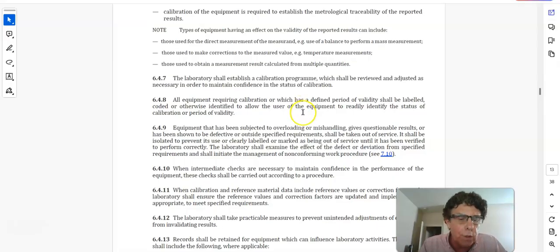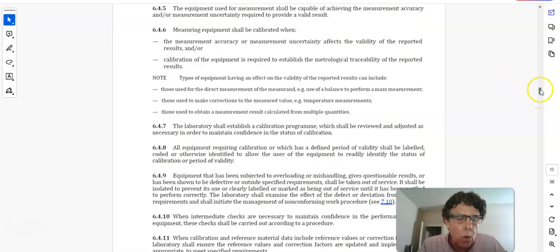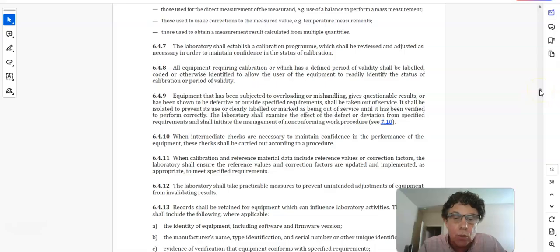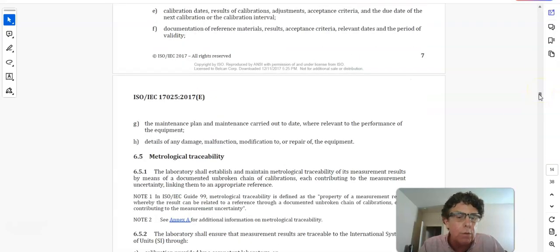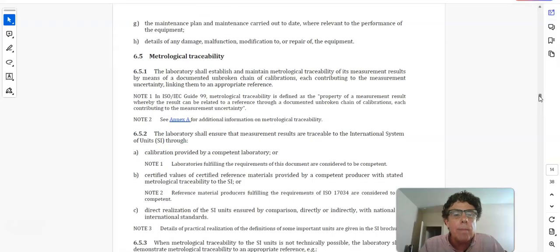So now that we've covered section 6.4.8, we're going to move on to more of the standard that is relevant to the requirements of ISO 17025 calibration. Now we get into metrological traceability, section 6.5, and you see right here, and I've repeated this before, section 6.5.1, and this is a shall statement, so we want to key in on shall statements in the standard.